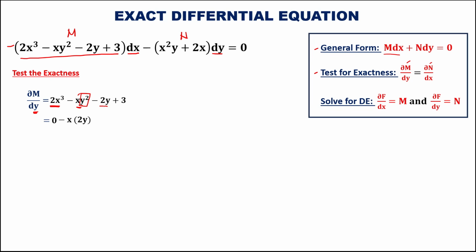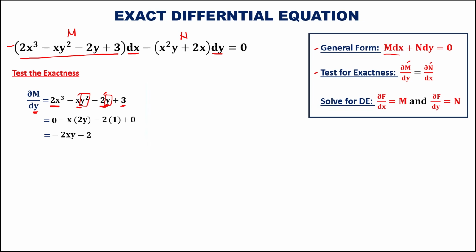Then for this term, since there is y, bring down the constant times the derivative of y, so this is 1. Then since the derivative of a constant is 0, the partial derivative for M is equal to negative xy minus 2.